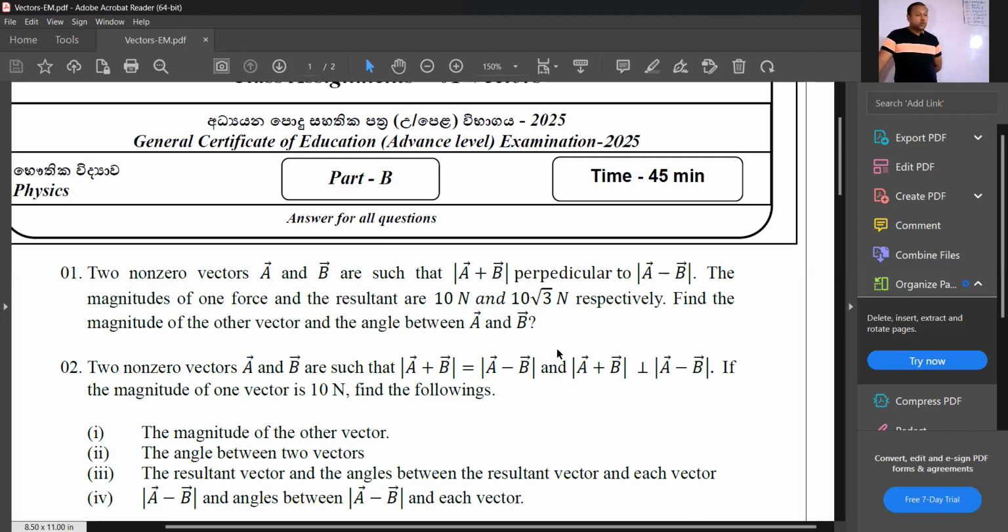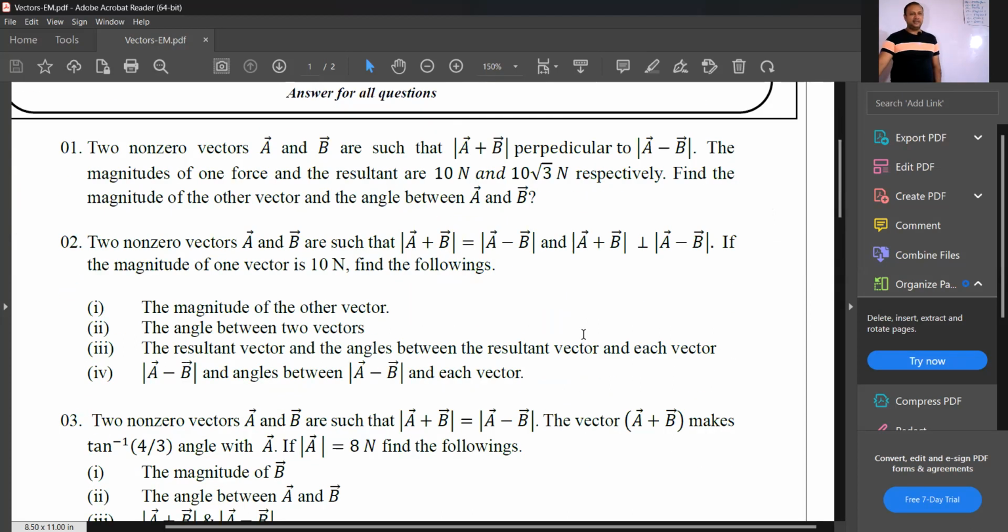If it is a square, the diagonal should be 10 times root 2, not root 3, because the angle is 45. Therefore, this is not a square. It should be a rhombus.